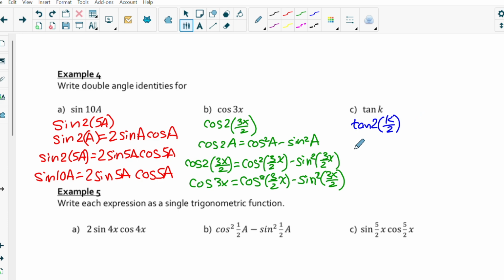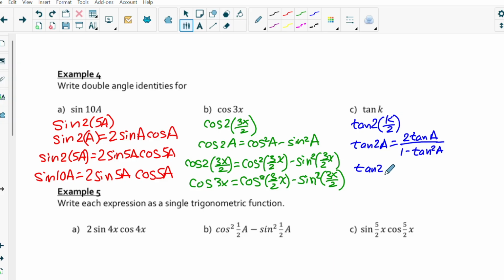And then I know that tangent of 2a equals 2 tangent of a divided by 1 minus tangent squared of a.